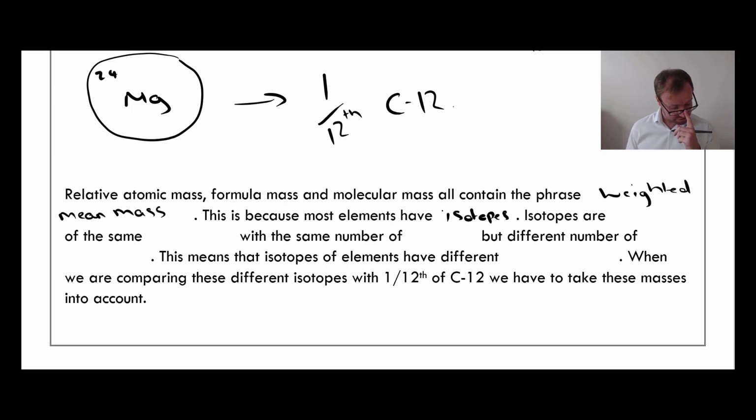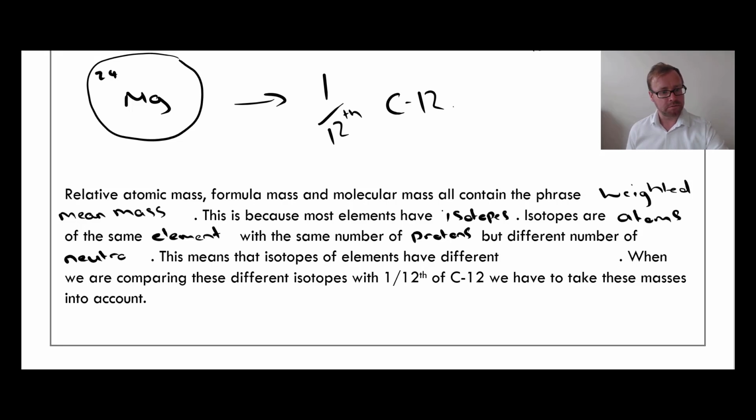Isotopes are atoms of the same element with the same number of protons but different number of neutrons. So this means that isotopes of elements have different mass numbers because they may have more neutrons or less neutrons.